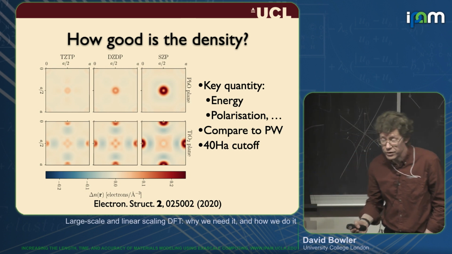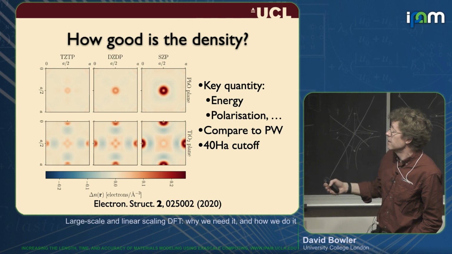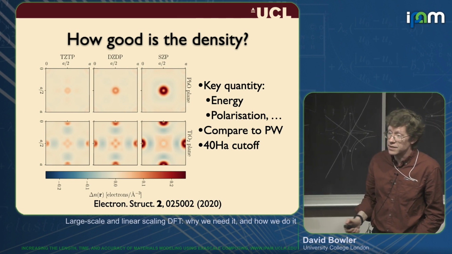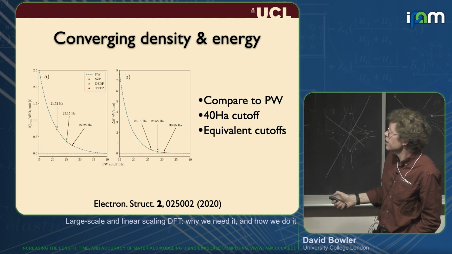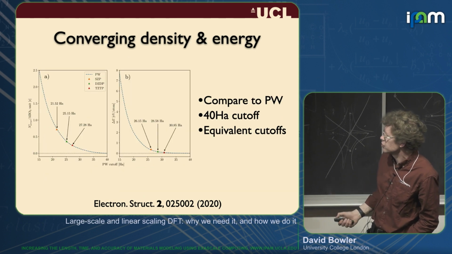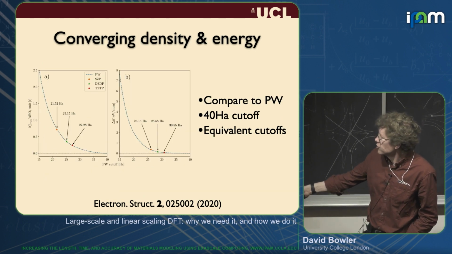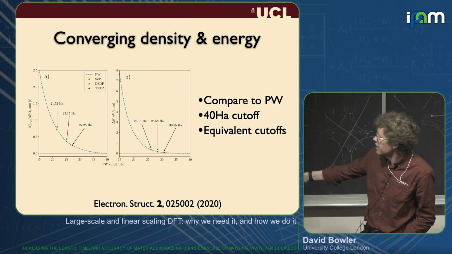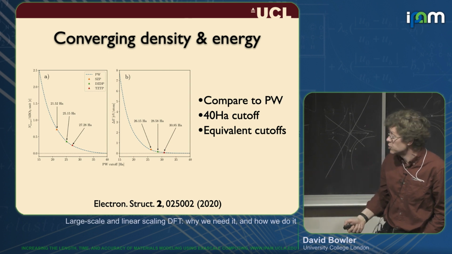And that's quite a useful thing to know when you're doing things like polarization in ferroelectrics, because charge density really does matter. So this was nice, and then he turned this into a convergence graph where he did a whole series of plane wave calculations, and looked at the difference in the total charge density for a series of plane wave calculations going all the way up to 40, and also the total energy per atom in the same way, and then mapped the CONQUEST results onto this.